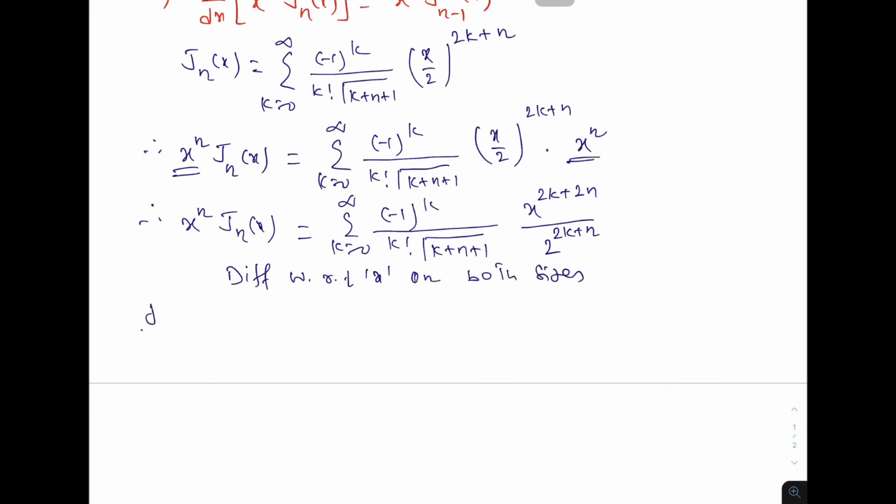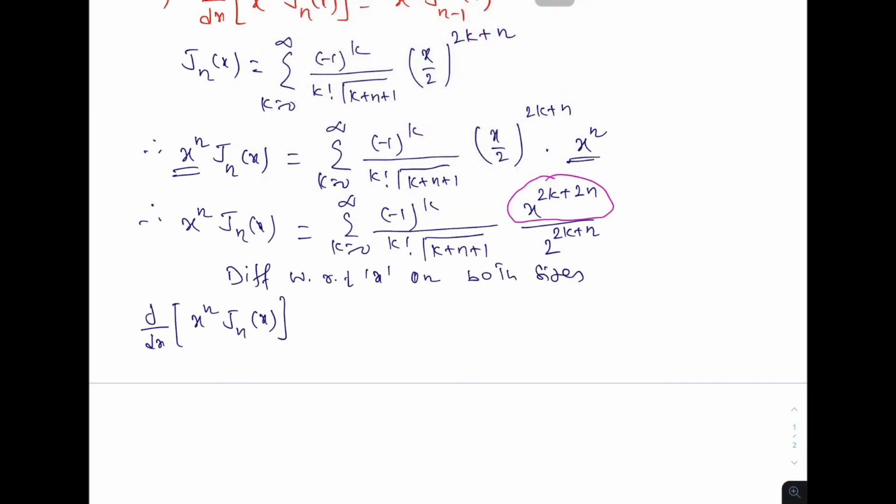So here we are having d by dx of x power n Jn(x). Now derivative with respect to x. So we have to differentiate only this part, because the rest of it does not have any term with x. So only this part we need to differentiate.